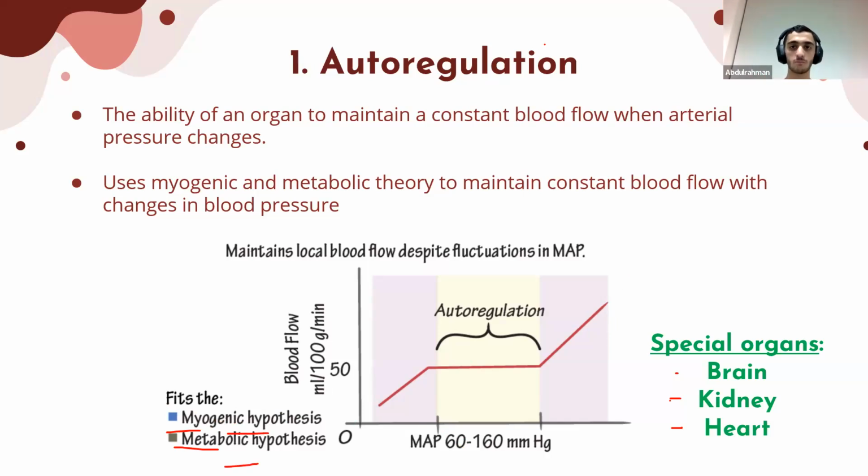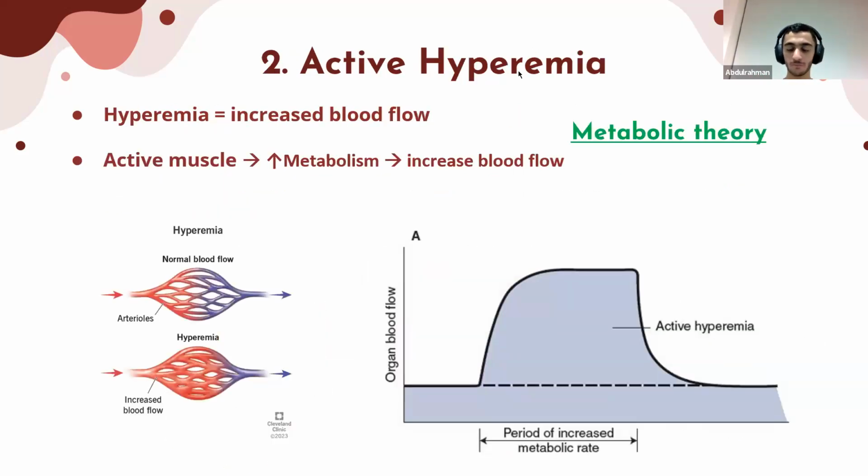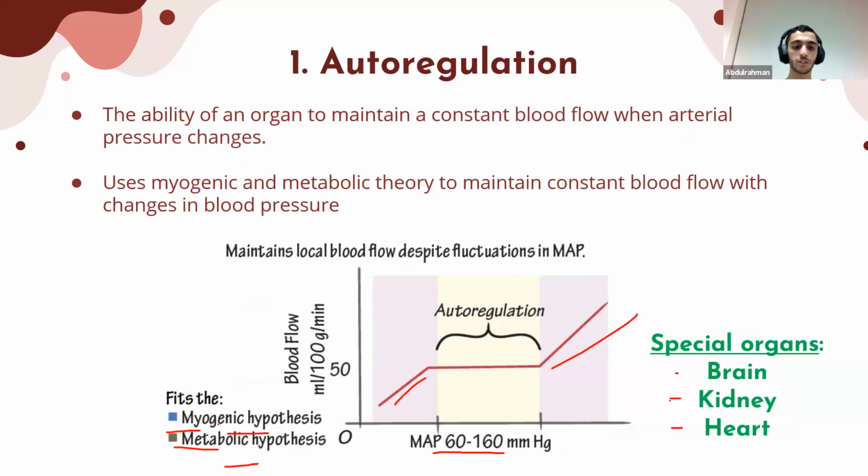Clear? That's about it. Normal blood flow despite changes in pressure within this specific range. If it goes out of this range, then there are changes due to these two theories. They use both of them in order to regulate it.